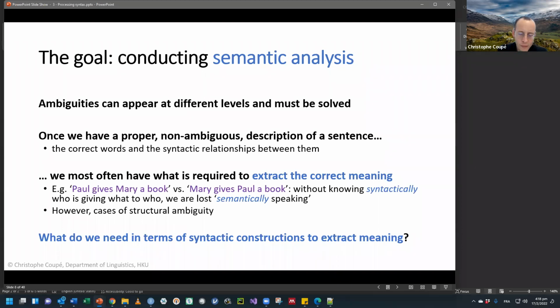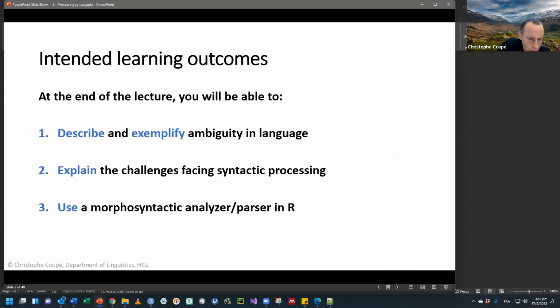So what do we need in terms of syntactic constructions to extract meaning? How do we do that once again? That's the question. So what you may learn with me today is to describe and exemplify ambiguity in language, explain the challenges when you do syntactic processing, and use a quite nice morphosyntactic analyzer parser in R. You give it a correct sentence, it returns the analysis of this sentence.